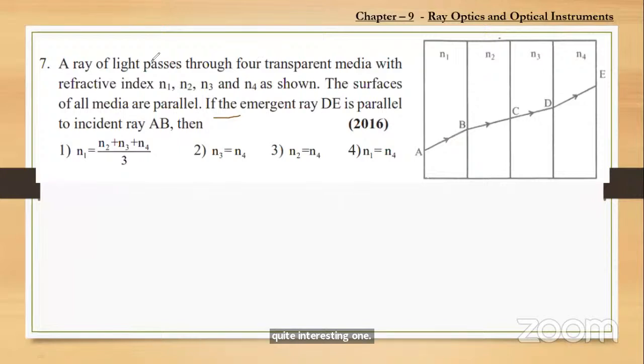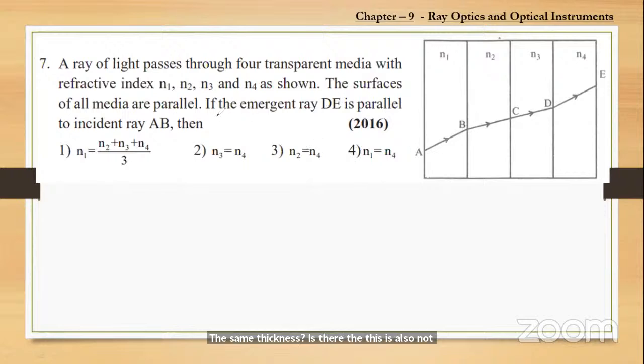A ray of light passes through 4 transparent mediums. Here 1, 2, 3, 4 transparent mediums are there, of refractive indices N1, N2, N3, and N4 as shown. The surfaces of all the mediums are parallel, and the thickness is also not varying.